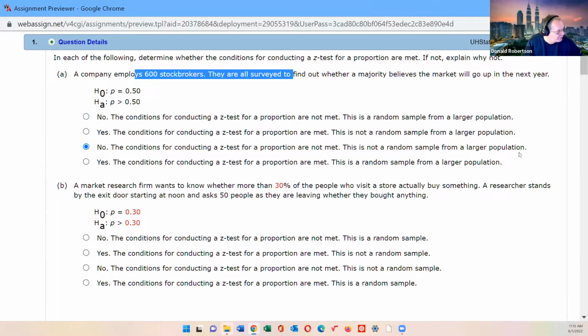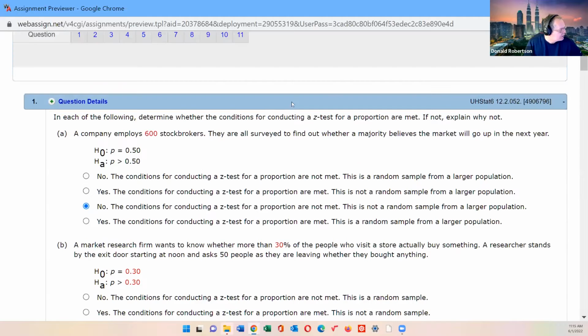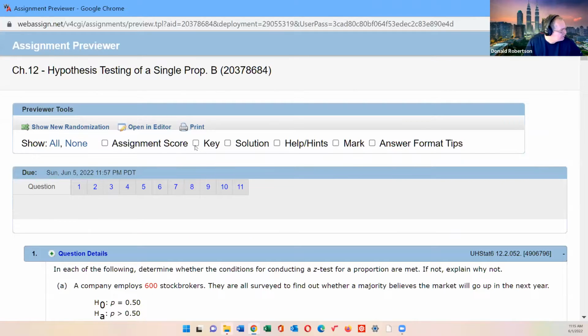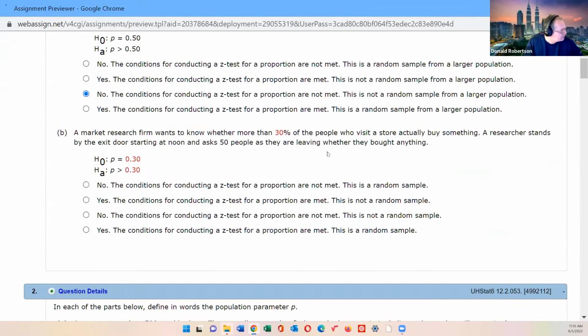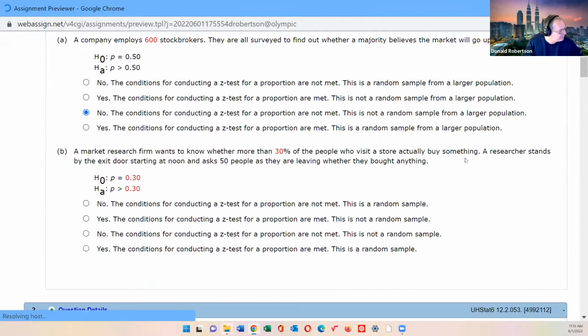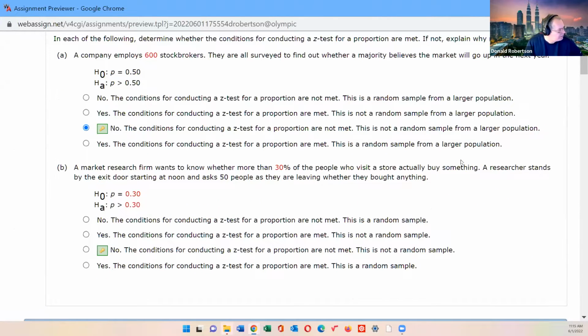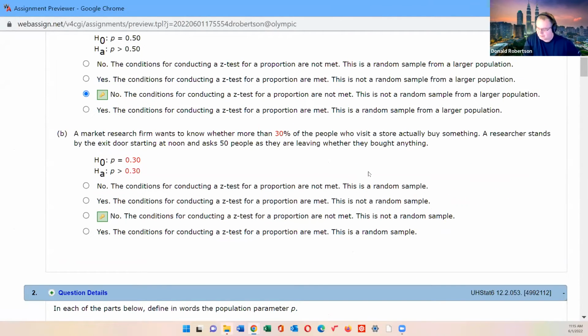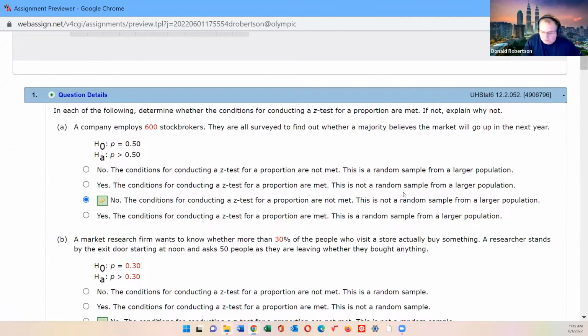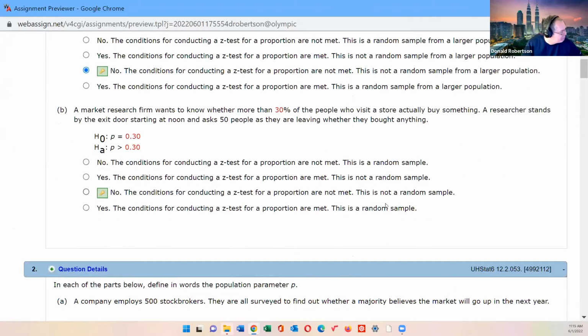You're right, it's not a random sample from a larger population. It's actually everybody. Ooh, I don't like that phrasing. Let's double check. Yeah, I didn't like the way they phrased that. I would have said it's a census. But then again, I wouldn't have said a Z test, I would have said the hypothesis test.